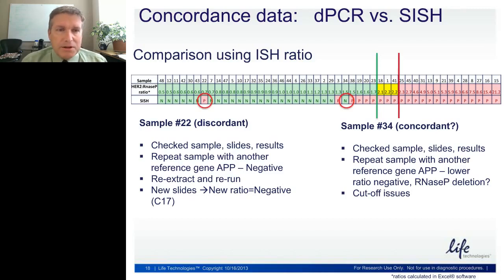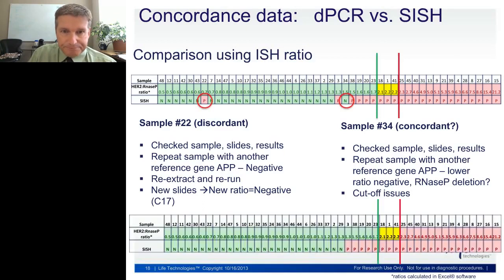The other sample, sample number 22, scored positive when in fact the ratio suggested it was negative. And when Dr. Ping went back and looked at that, he found out the sample was mislabeled, okay? And it turns out that it actually was a negative sample. We re-extracted DNA and reran it, and in fact it reproduced the results. So he reclassified that one.